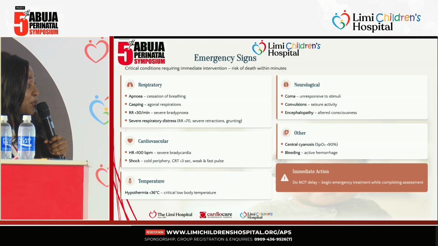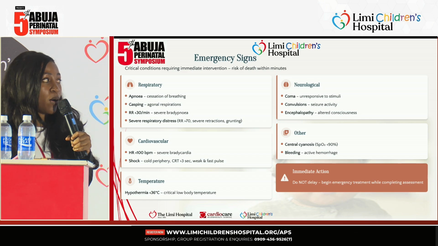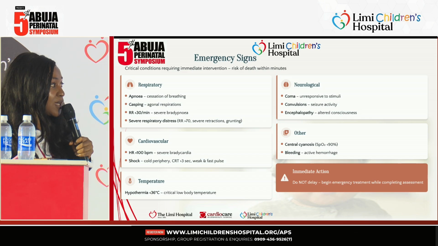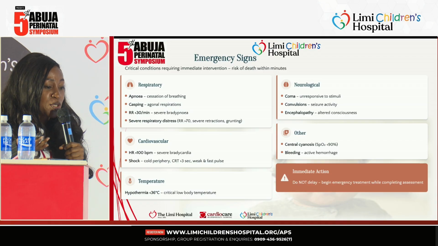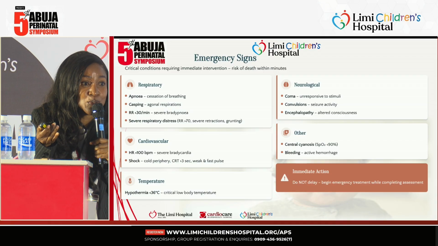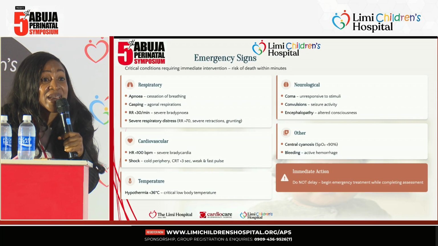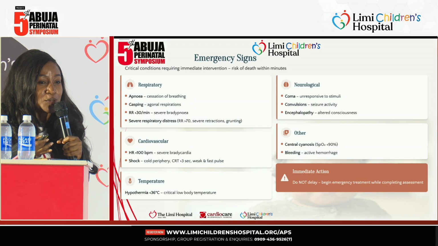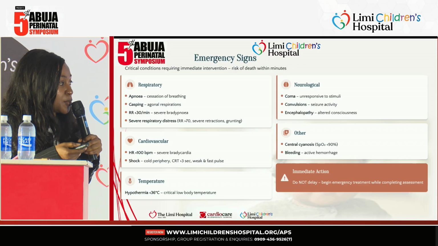Then a baby in shock, an unconscious baby, or a baby that turns blue. Maybe they just came into your facility and the baby is already blue. It is an emergency, and the treatment commences even before administrative procedures come in.